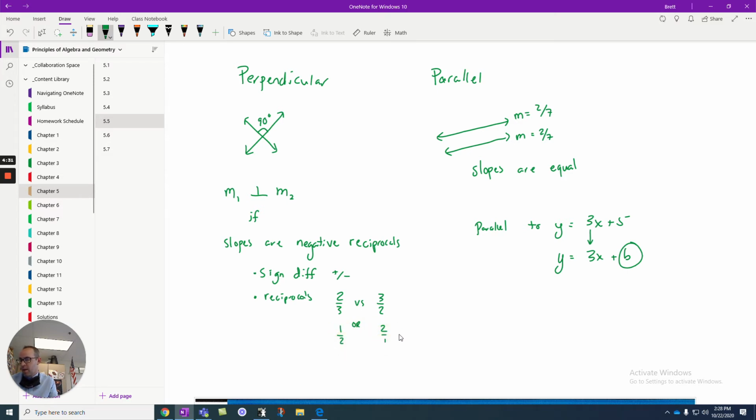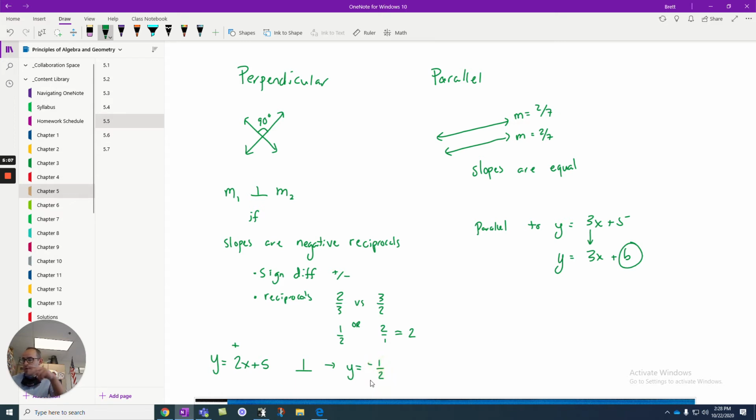Now we've got to be careful here. Oftentimes we write 2 over 1 as just 2. So sometimes it might seem like there's no fraction to flip, but remember that if you have a whole number, we can put it over a 1 and then we can flip it. So if I had a line y equals 2x plus 5, and I want to be perpendicular to it, we'll use this symbol for perpendicular, I know that it would be y equals negative, because the 2 over here is positive, so I've got to have a negative, 1 over 2.